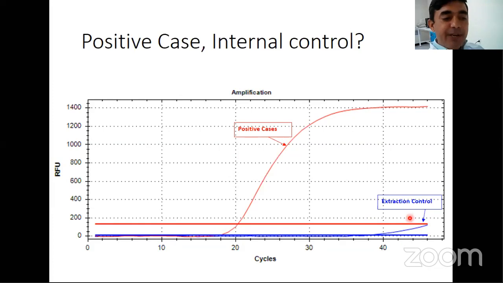And this, as I explained, I will not say inhibition, but no amplification, is basically because of the utilization of dNTPs and the polymerases. These are all utilized over here, so no dNTPs are present, so the polymerases cannot extend or amplify this sequence.